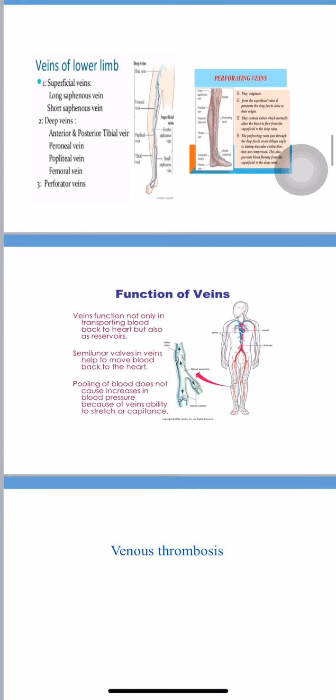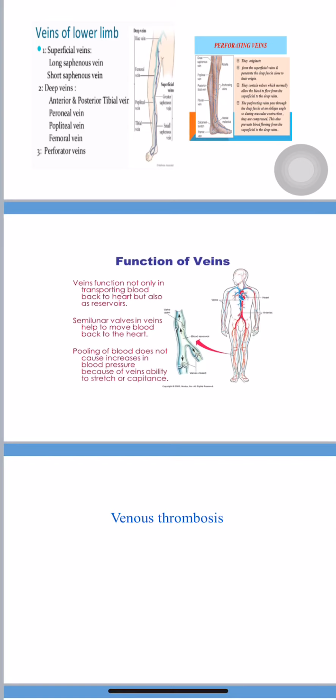Next we'll see the basic functions of veins. The veins not only transport blood to the heart, they also act as a reservoir of blood. Next, the semilunar valves of the veins help to move blood back to the heart.